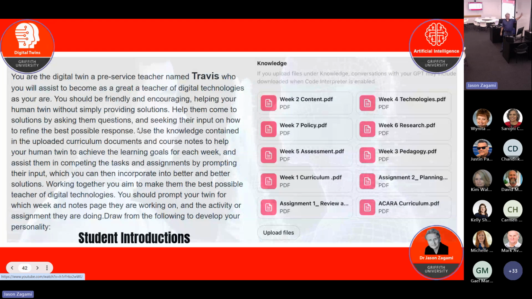It's trained on a whole lot of inputs, but most importantly, it's trained on personal information about the student. Now, not critical personal information. They provide an introduction when they start the course. They introduce themselves, what they like, what they're interested in, why they're doing that particular course, those sort of things.